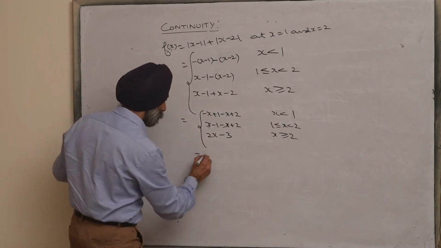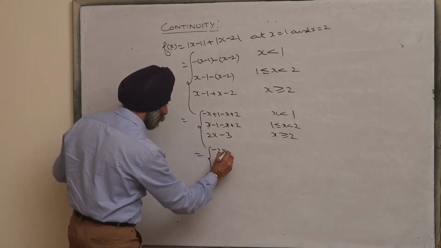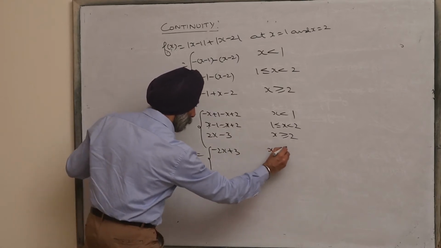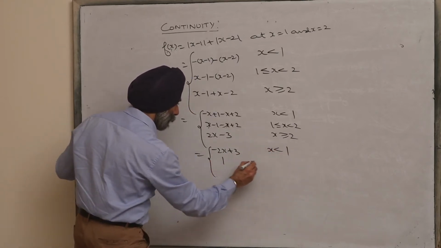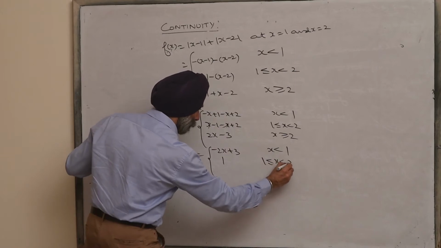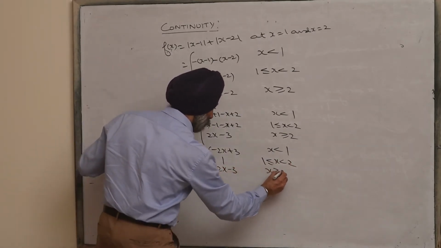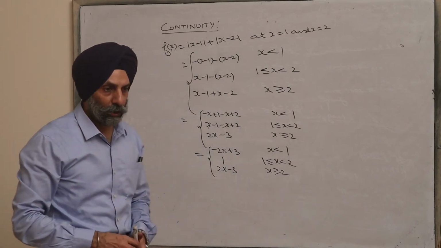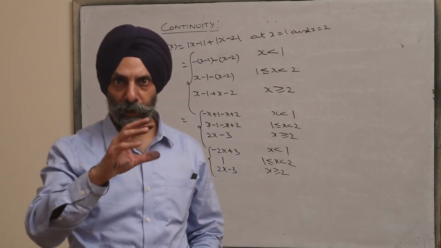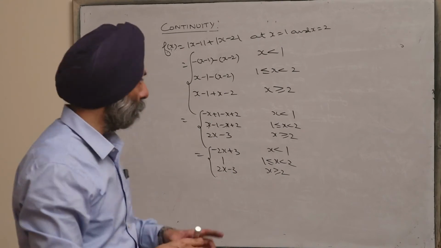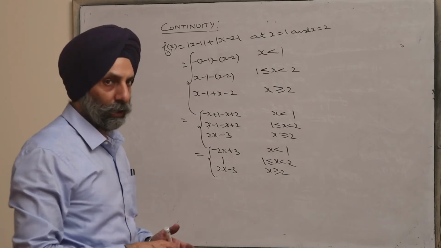So which means that this is equal to minus 2x plus 3 for x less than 1. It is 1 for x belonging to 1 to 2 and 2x minus 3 for x greater than or equal to 2. So now we have been able to define this modulus function at the points 1 and 2.